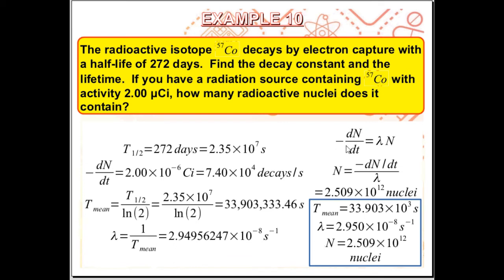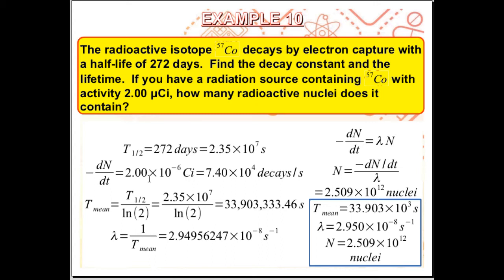Now, activity is just equal to the decay constant times N, the number of nuclei in the sample. N is just equal to the activity divided by the decay constant.